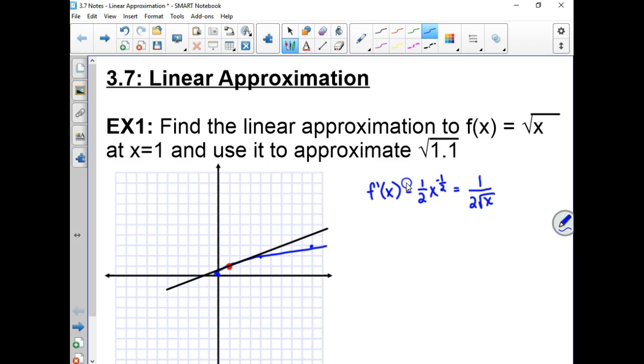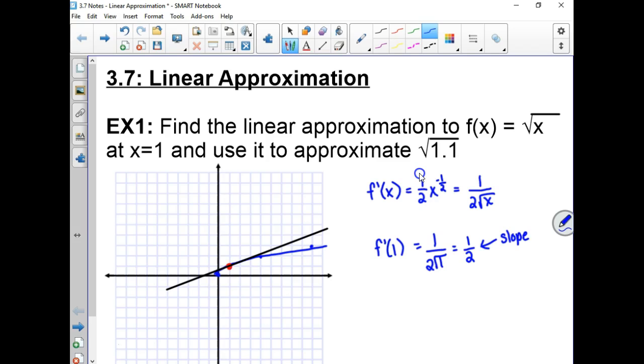I'm writing the tangent line at 1, so I'm going to plug 1 into this. F prime of 1 would be 1/2 times the square root of 1, which would give me 1/2. What does that tell me about my tangent line? What is 1/2? That is our slope, right, because the derivative gives us the slope of the line.